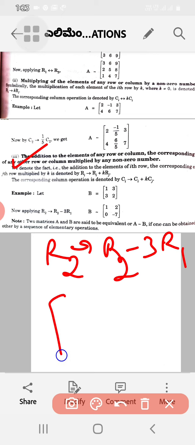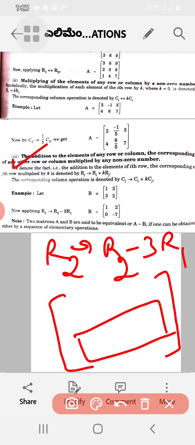So what happens here? R2 changes to R2 minus 3R1 means the first row I have to write as it is. Then whatever elements are given in the second row, you can apply R2 minus 3R1. So here the first row I can write as 1 3.